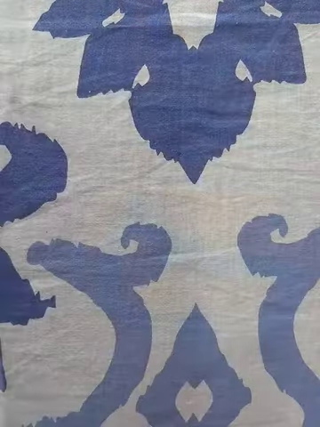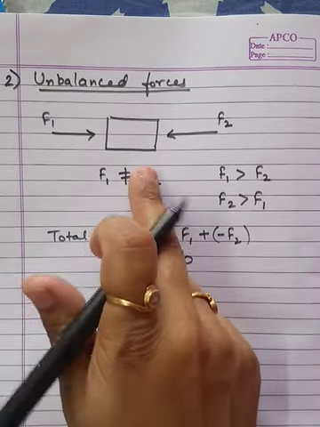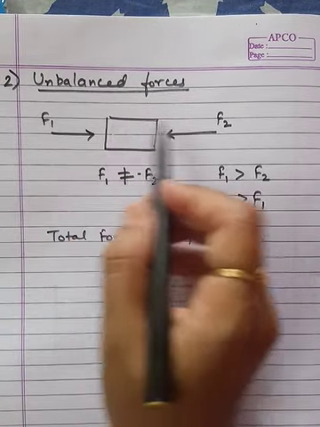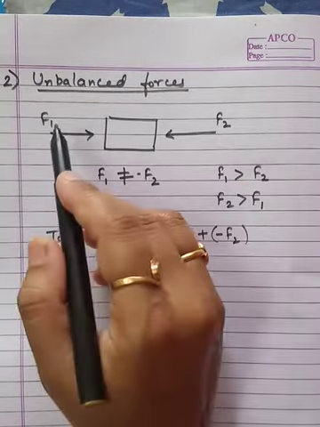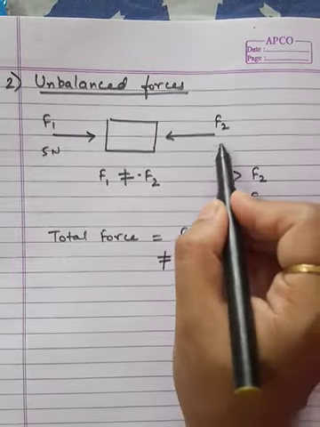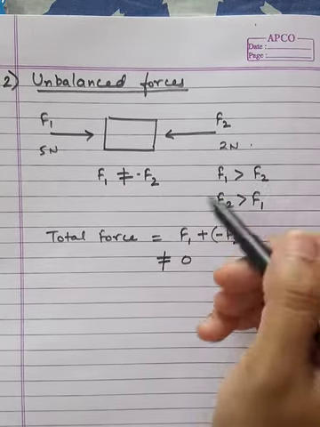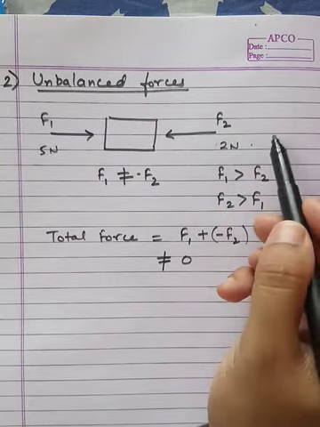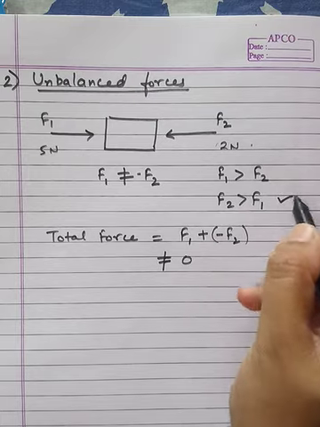Let's consider what unbalanced forces are. Mathematically, F1 acts in this direction and F2 in this direction. If they are in opposite directions but the values are not the same, suppose F1 is 5 Newton and F2 is 2 Newton, then F1 is greater than F2. Or if F2 is 5 Newton or 10 Newton, then F2 is greater than F1.